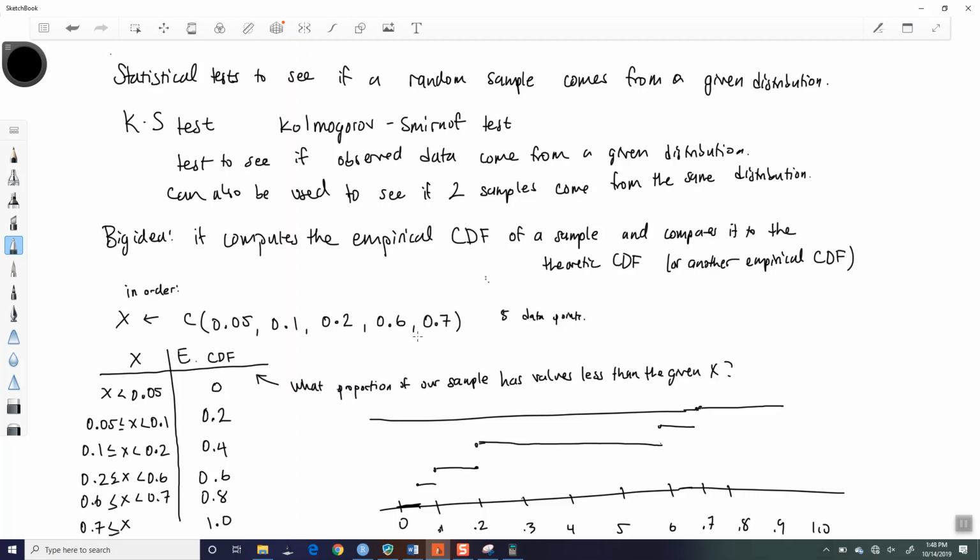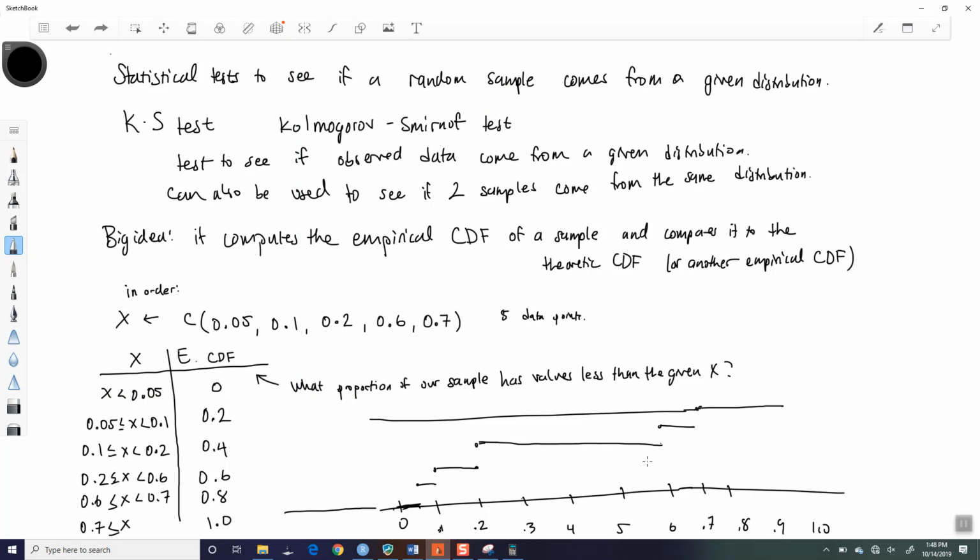Okay. And R can do this much faster for a much larger set. And if you have a particular CDF, basically, this is the empirical CDF, then you have the theoretic CDF, and R compares these two, okay?